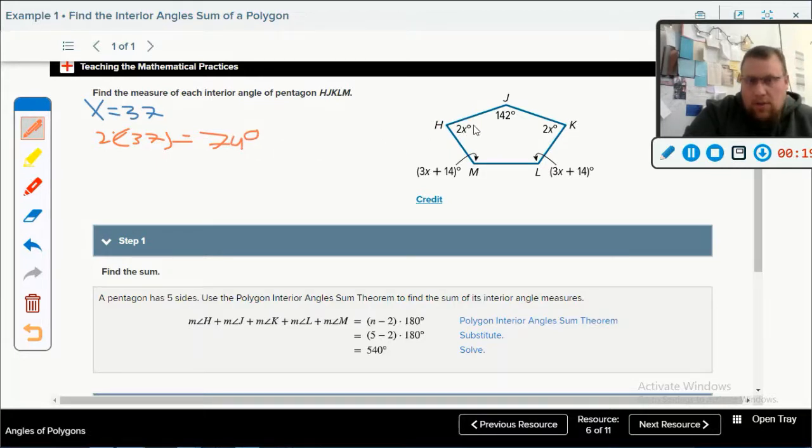All right, so I know the measure of angle H is 74 degrees, and the measure of angle K is 74 degrees. So again, what do I know? Measure of angle H and angle K equals 74 degrees.